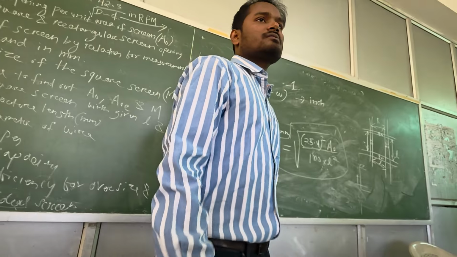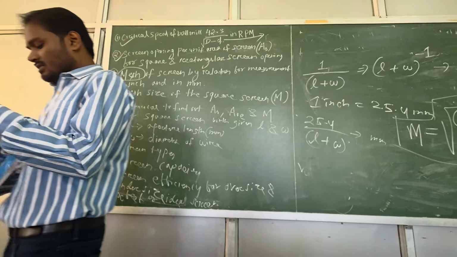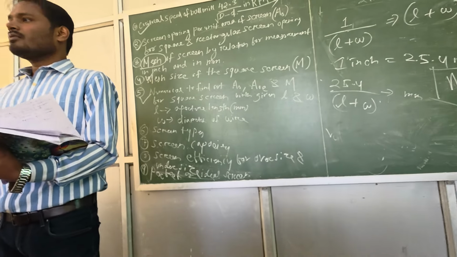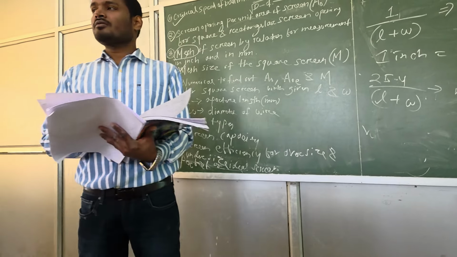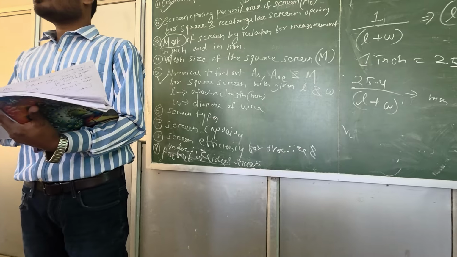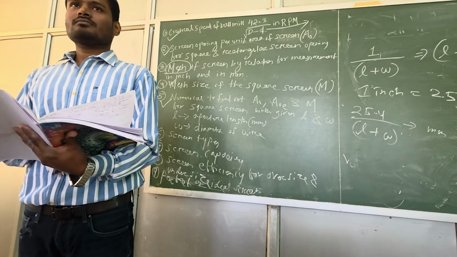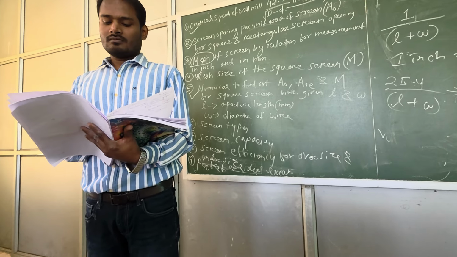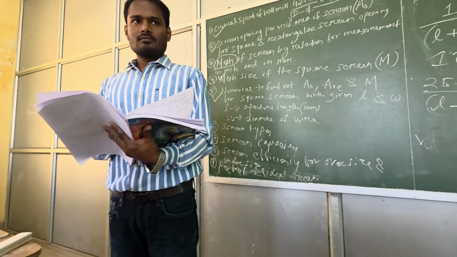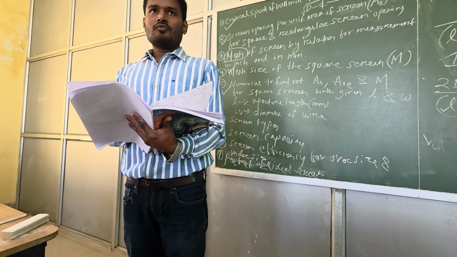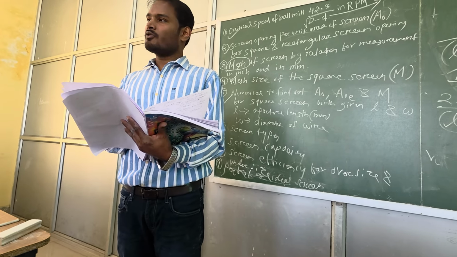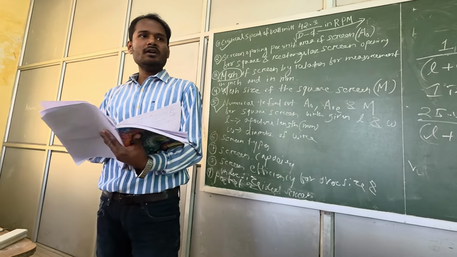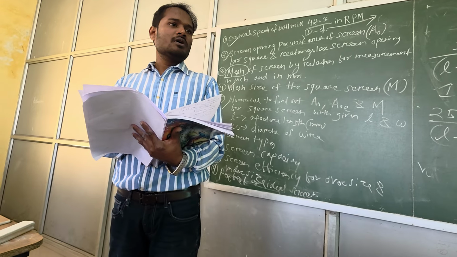So simple numerical. So 3.18 divided by 4.38 whole square into 100 you'll get. Finally you end up with 0.726 whole square into 100. Finally you end up with 52.7.